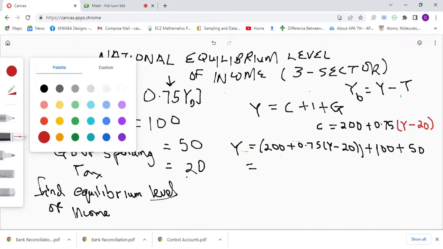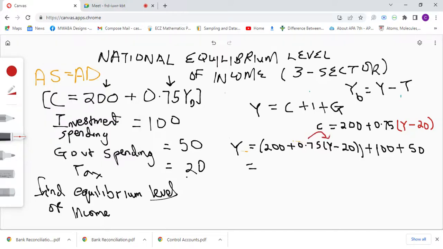Okay. So let's do our operations in the brackets. We say 0.75 times Y, we're going to get 0.75y. 0.75 times negative 20. Get our calculators. 0.75 times 20, we're going to get 15.